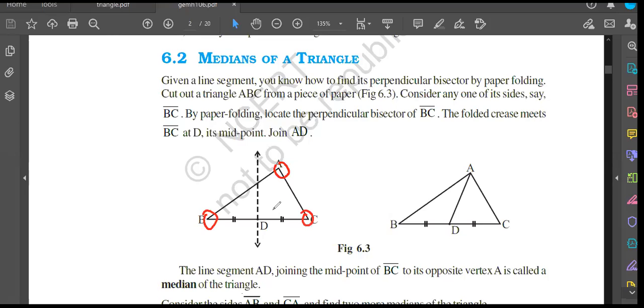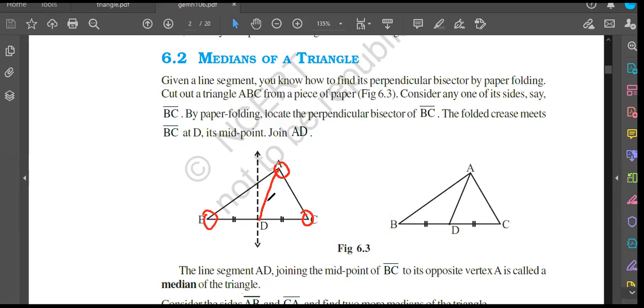Just think about this. From any vertex, if you draw a line which cuts the opposite side in such a way that it is divided into two equal parts, it is called your median. So what's the median?